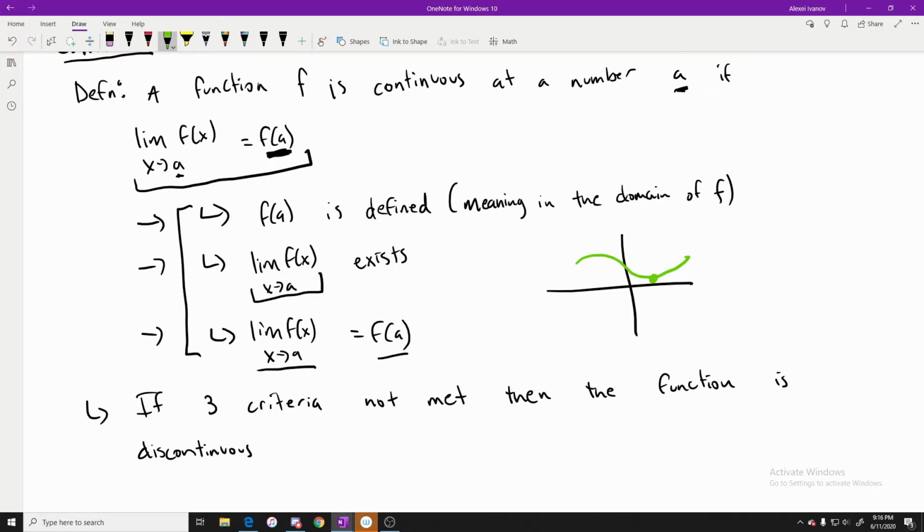Likewise, we wouldn't be able to have an asymptote at x equals a either, because that would fail this condition right here. And for this point right here, the fact that the limit exists, we shouldn't have anything like this, for example, where we have an offset called a jump, and all of a sudden the limit from the left side and the limit from the right side doesn't exist.